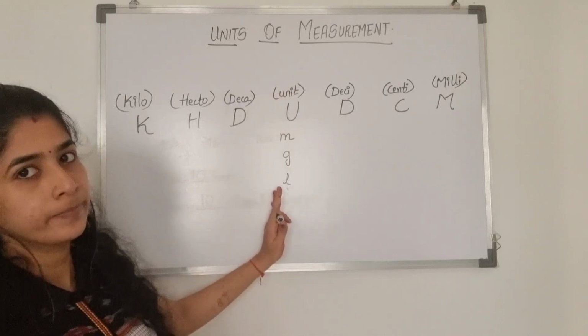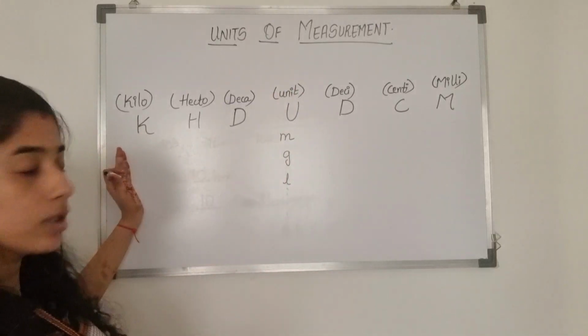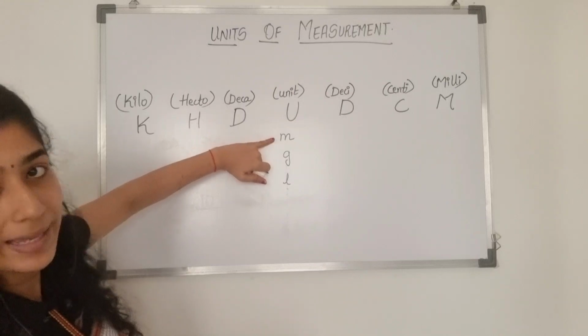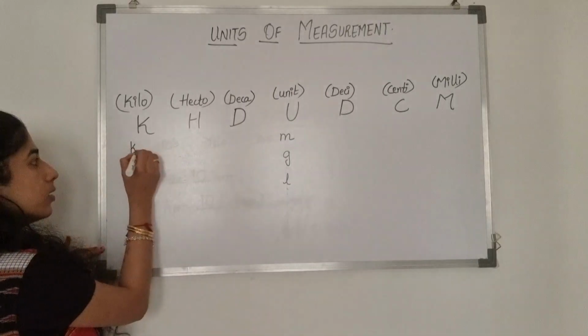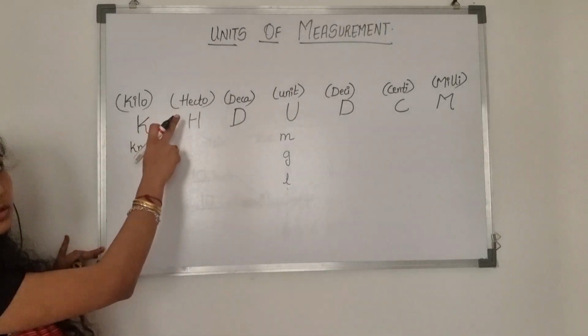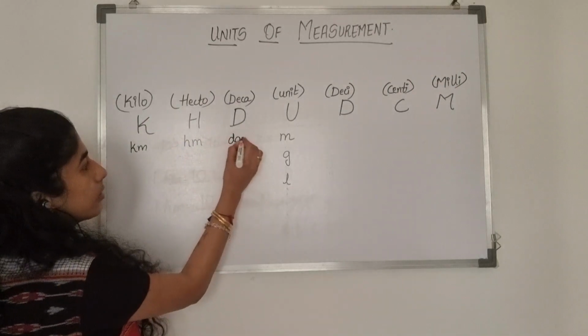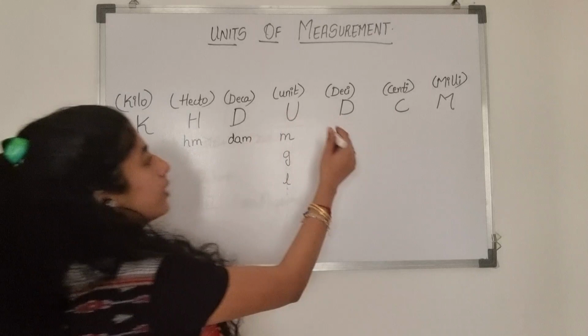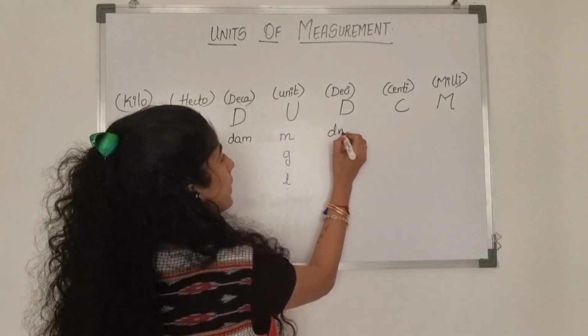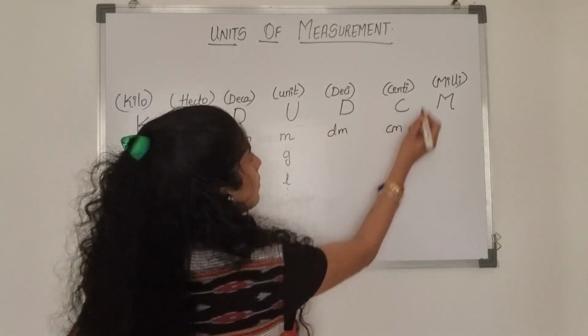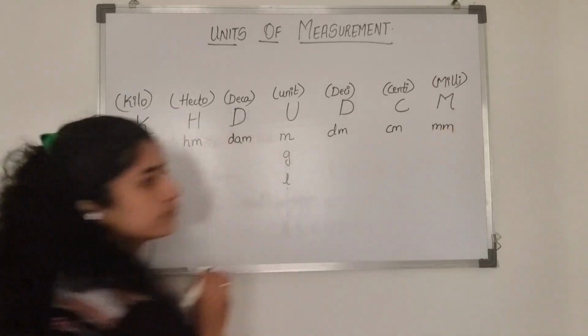Okay, middle. So now over here if I am talking about length, it will be kilometer. You will just add this term first, hectometer and decameter. Like that over here it will be decimeter, centimeter and millimeter.